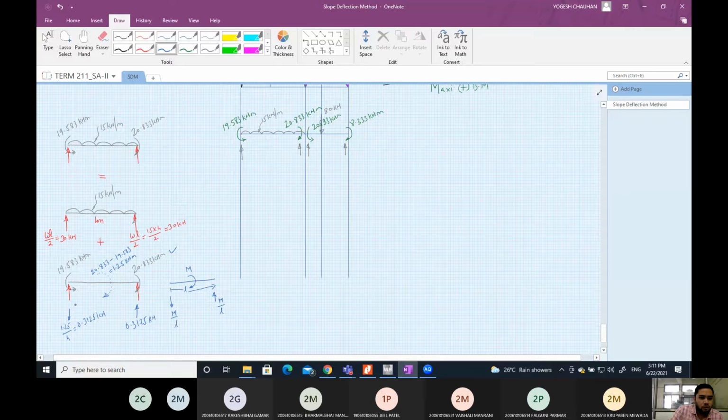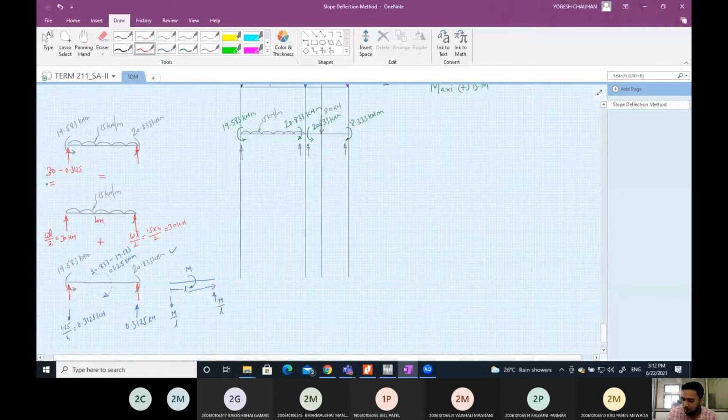Okay, so the total reaction at support A will be 30 due to the applied load plus this value. But now this is actually acting in downward direction. So minus 0.3125.